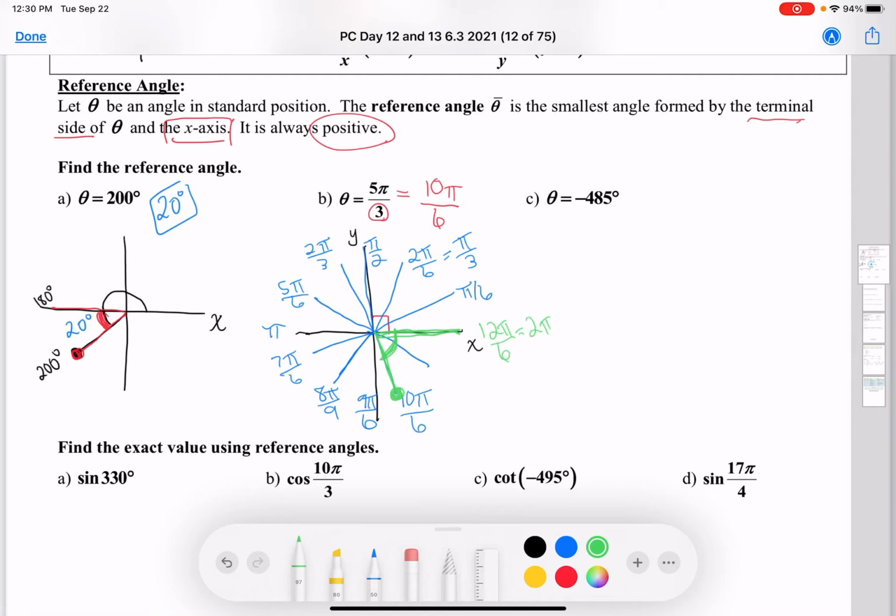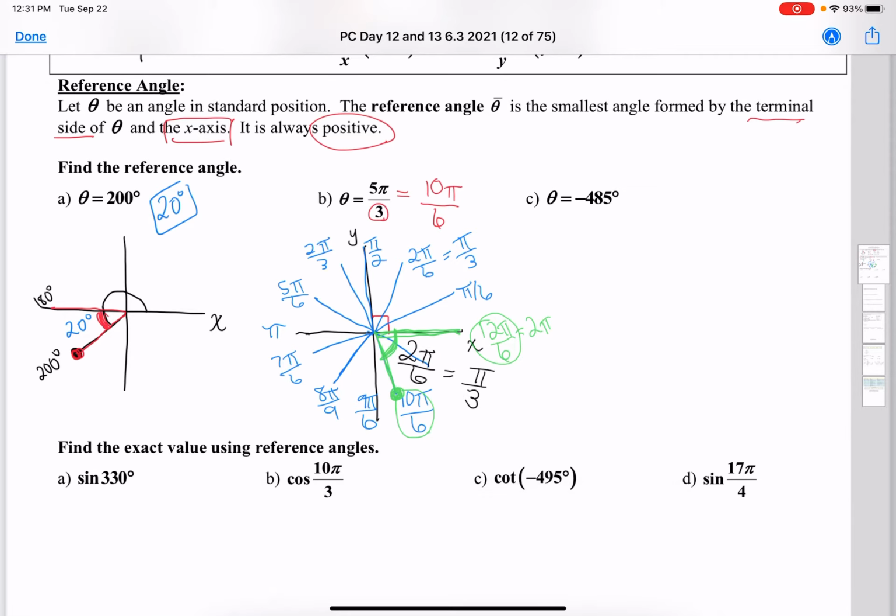So the difference between 10 pi over 6 and 12 pi over 6 would be 2 pi over 6. And so this angle is 2 pi over 6, or in other words, pi over 3 radians. And so that would be my reference angle for part B.